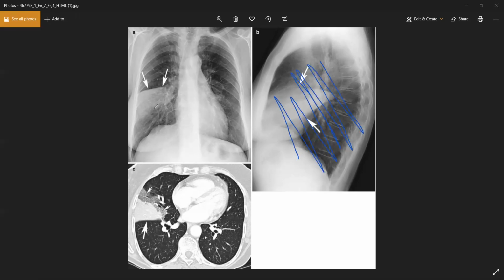Because the right lung is in such a position that the middle and the lower lobe are positioned differently: the lower lobe is more on the posterior side and the middle lobe is more on the anterior side.